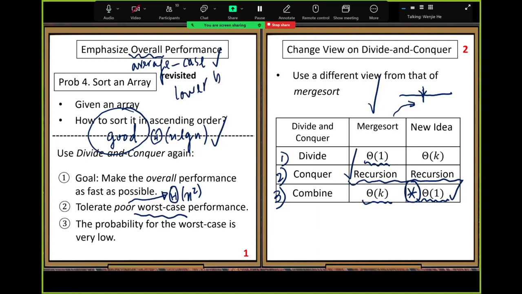The lower bound of comparison sort is this amount of work: n factorial. Some of you may ask, what is this function? The ceiling function of log base 2 of n factorial.